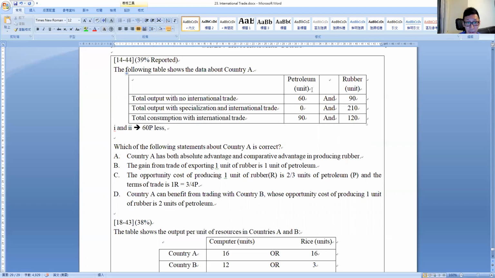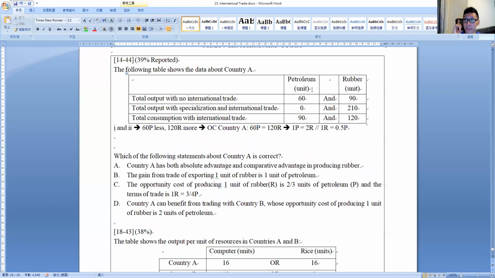But at the same time, we have 120 rubber more, meaning the opportunity cost of country A would be 60P equals 120R. So it would be 1P equals 2R or 1R equals 0.5P.